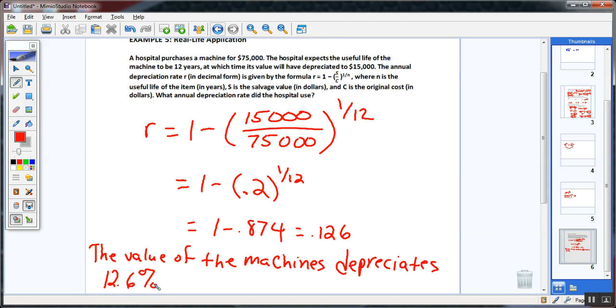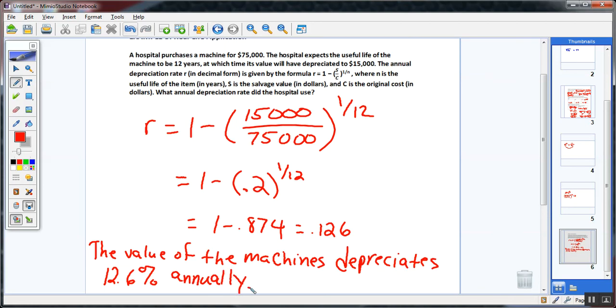Per year, or what's another way of saying per year, kids? Annually. Very good. The value of the machine depreciates 12.6% annually. You bet the value of that machine is going to depreciate 12.6% annually. So what percentage of depreciation did they put in for each year? 12.6%.